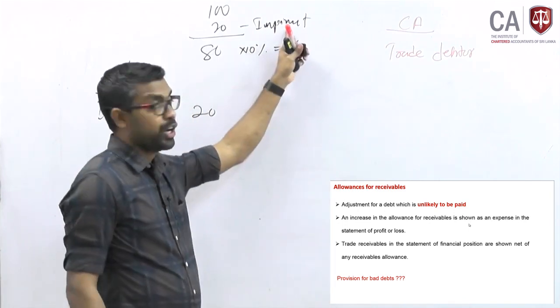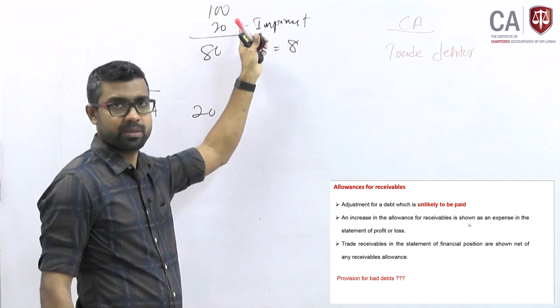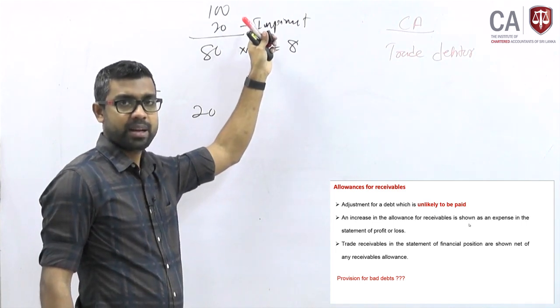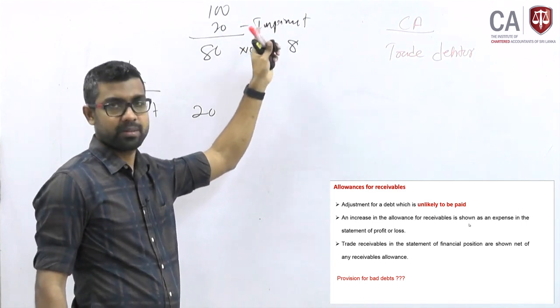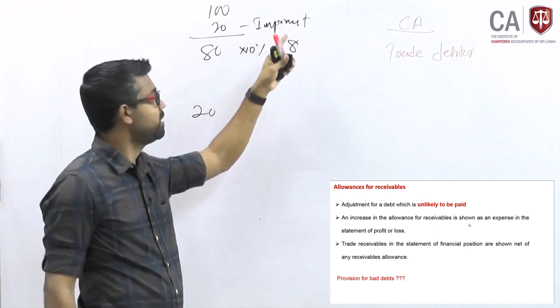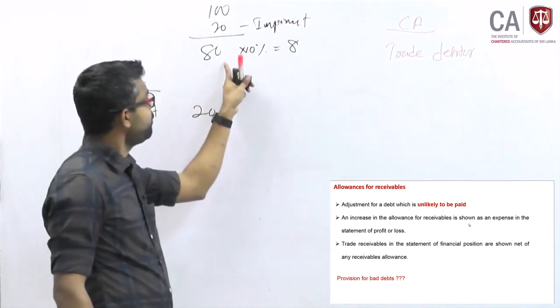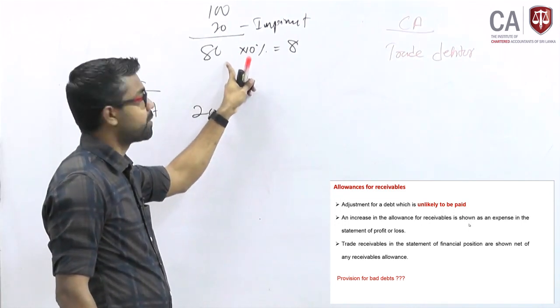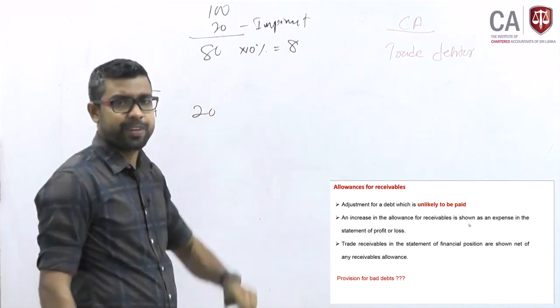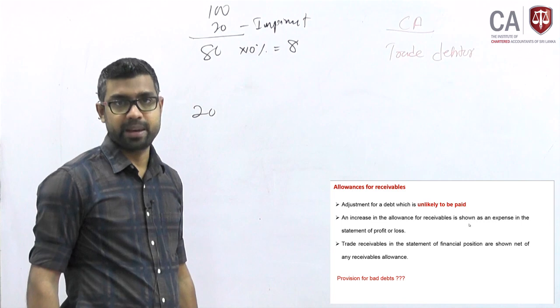Not expecting any payment from this 20, charge to P&L, 20. Out of balance 80, 10% of it is highly unlikely to be paid.